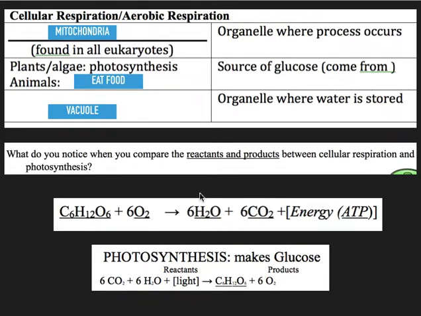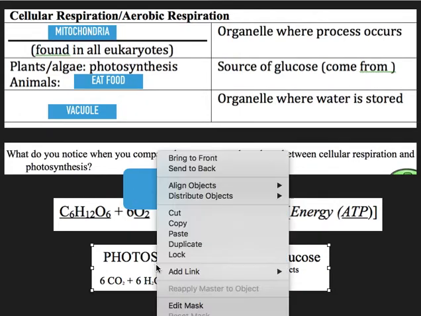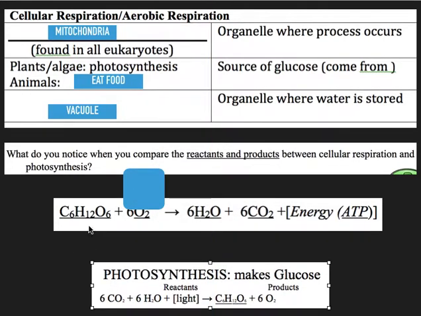So let's look at this. Where do we see water and carbon dioxide in the photosynthesis equation? And water and carbon dioxide are over here. Okay, so what do we notice? Well, we notice that, and I'm going to have to kind of move things around here.